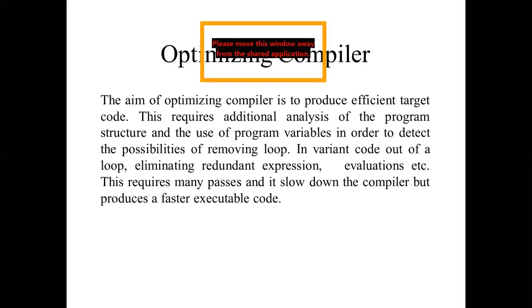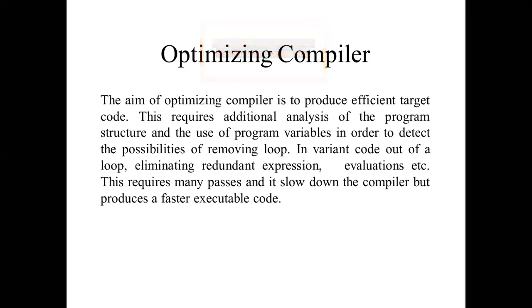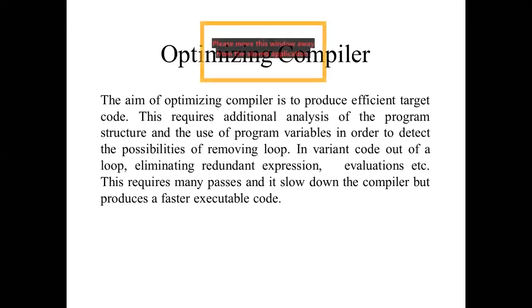Okay, so in this case, we remove the repetitive work, that is the redundancy, invariant code, and eliminate redundant expressions and evaluations. So this reduces the load of the compiler and optimizes the program. So this is called the optimizing compiler.